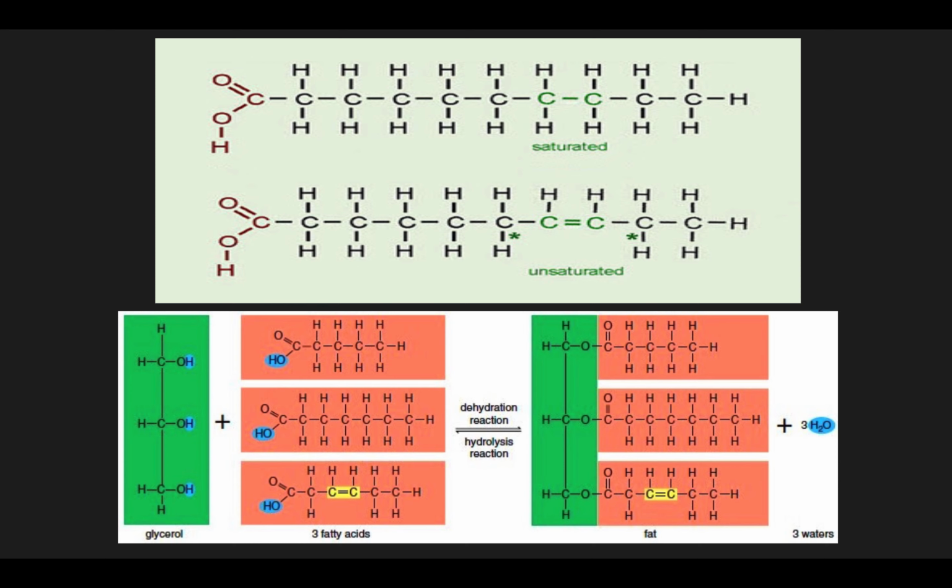And the bottom one on the top picture is an unsaturated fatty acid or unsaturated triglyceride because it has a double bond within two carbons. You don't have to pay attention to the bottom picture, it's just showing you how the glycerol attaches to the three fatty acids. There are three fatty acids, hence the term triglycerides.